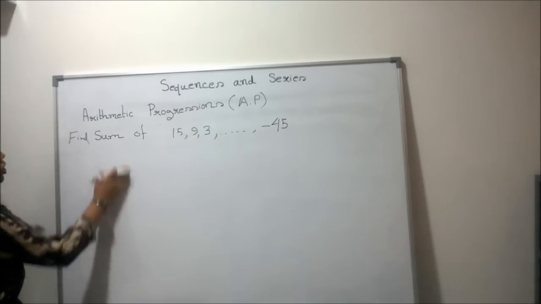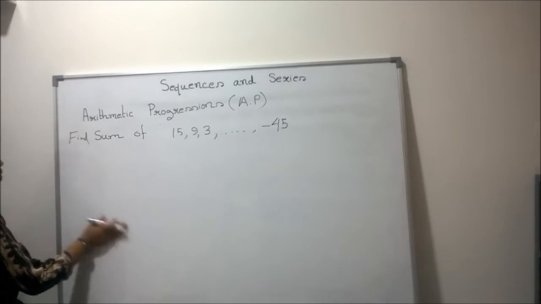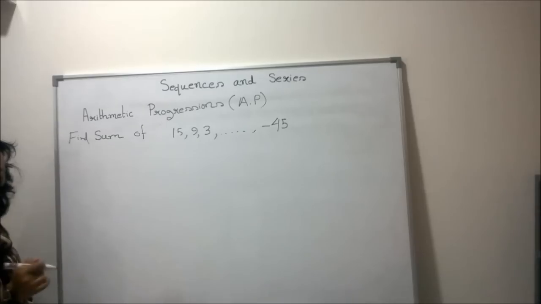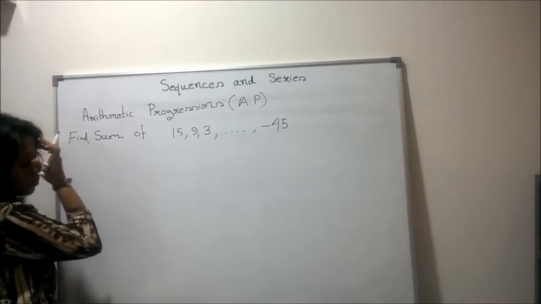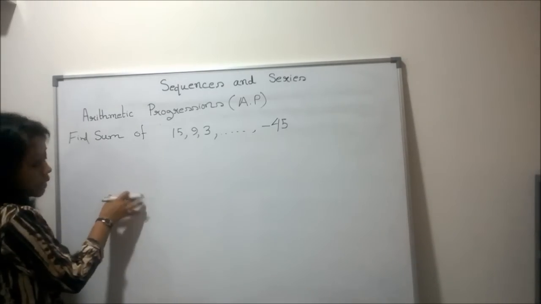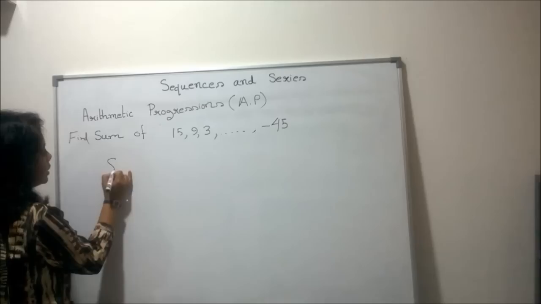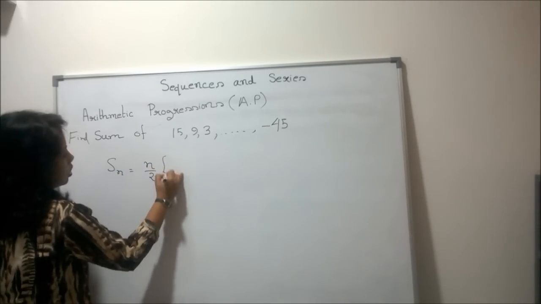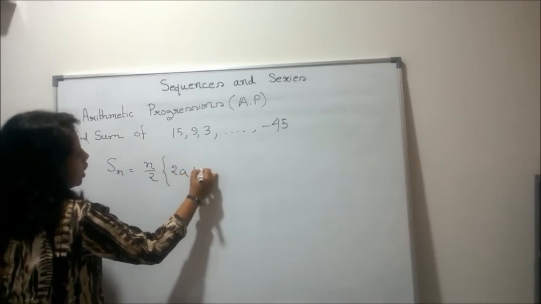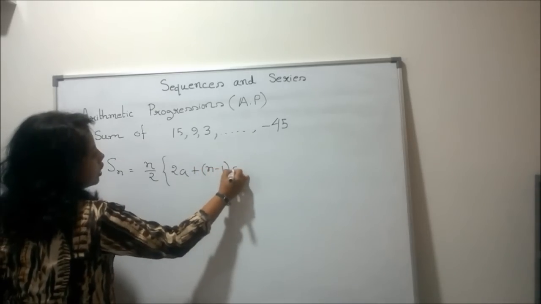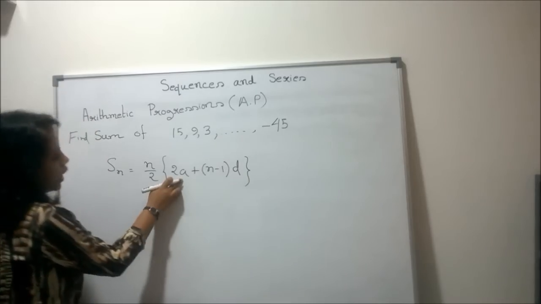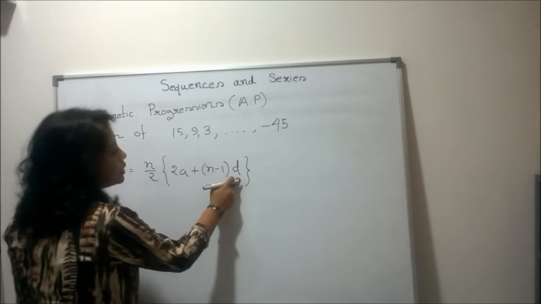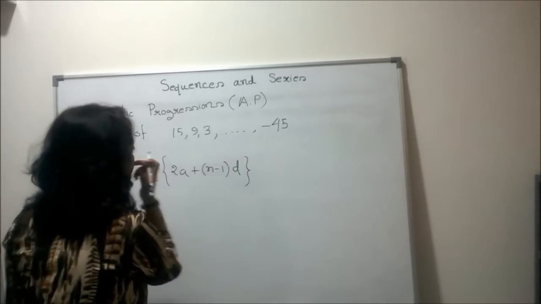Okay, so what we have got is the formula to find the sum of n terms of a sequence, that is Sn is n by 2, 2a plus n minus 1 d, where a is the first term and d is the common difference. Okay.